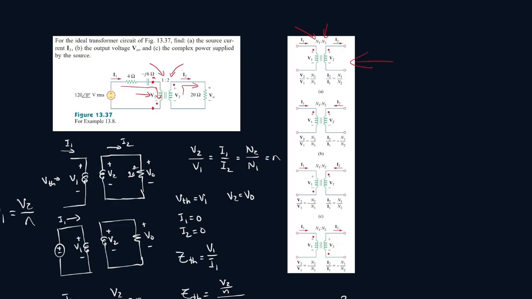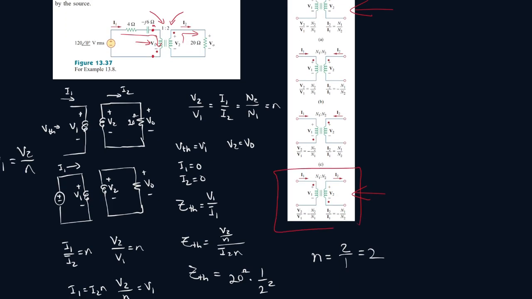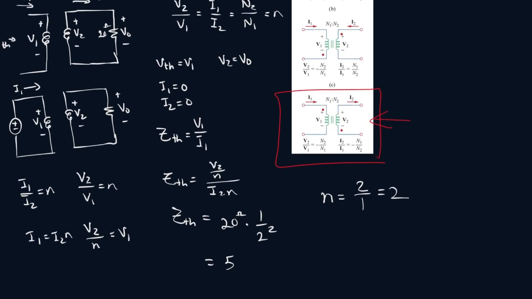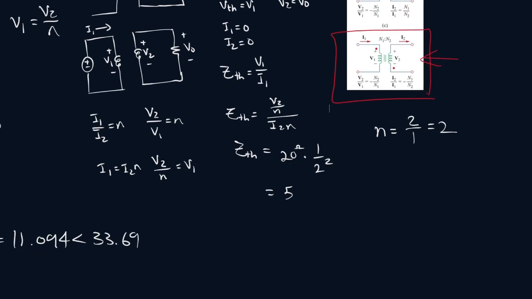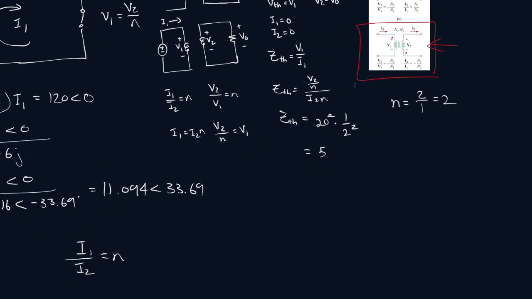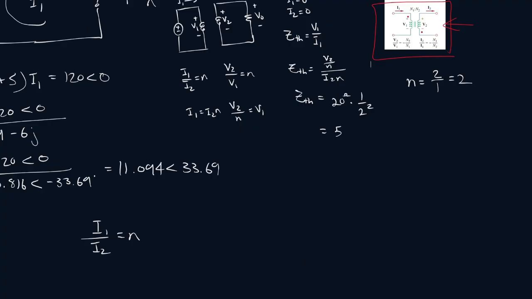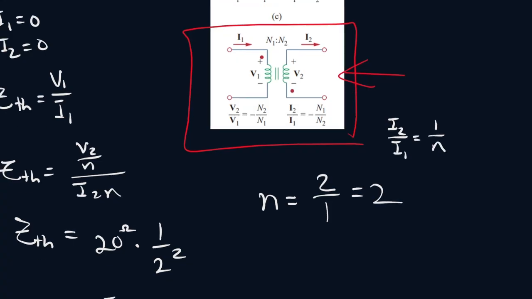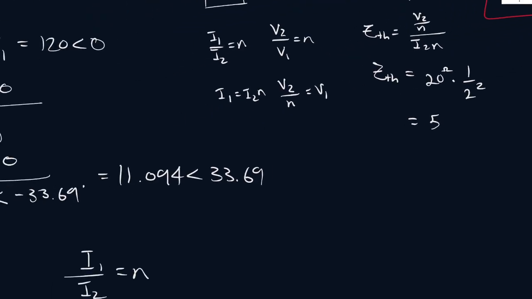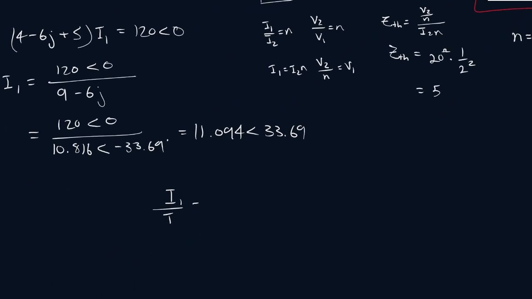These two match, but the positions of the dots are opposite of each other, so we're working with this one. In this case, I1 over I2 is minus N.